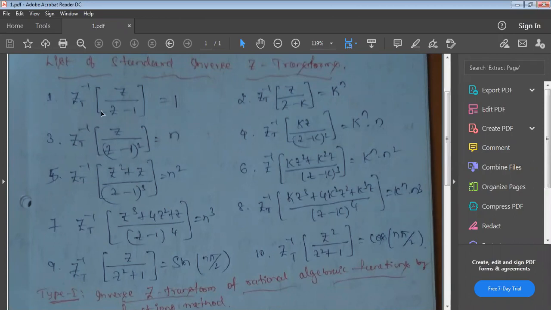So this is the list of standard inverse Z transformation. 1, K power n, n, n square, n cube, K power n into n, K power n into n square. So these are the standard inverse Z transformations. So remember the formula list. This formula list already you know. So you have to write in the reverse order. So with this standard inverse Z transformation, let us see how to solve a problem now.